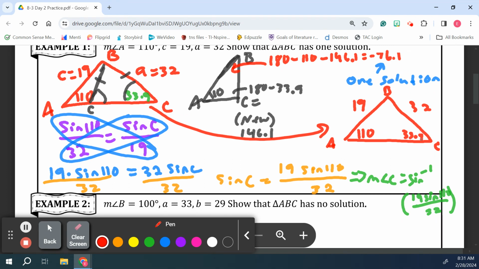We're going to do 180 minus 110 minus 33.9. What do we get? 36.1. Very good. So your one solution lies in finding what this side length is, little b. That is the solution. If we had two triangles, then we would have two side b's.